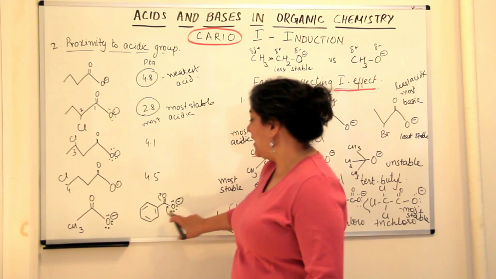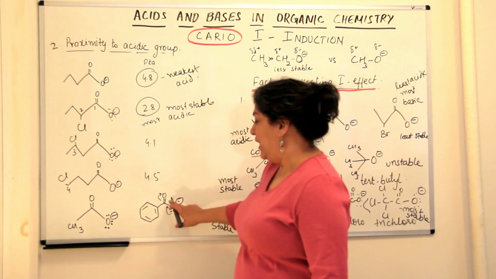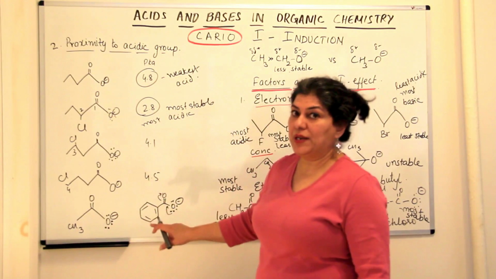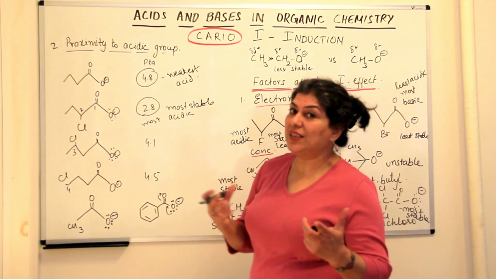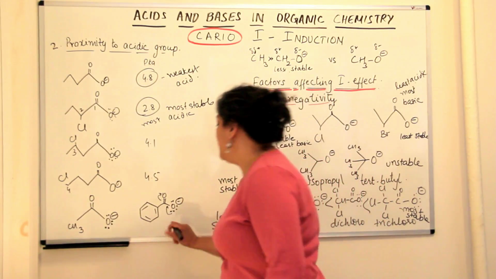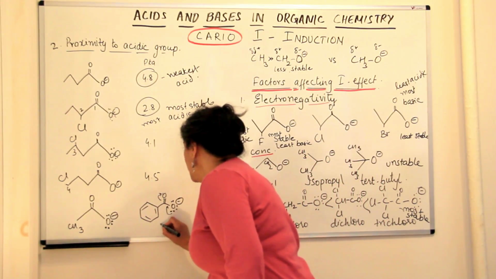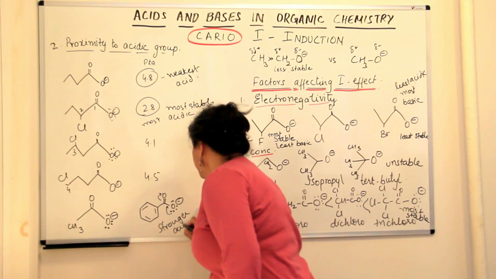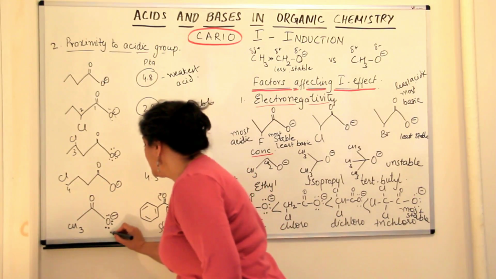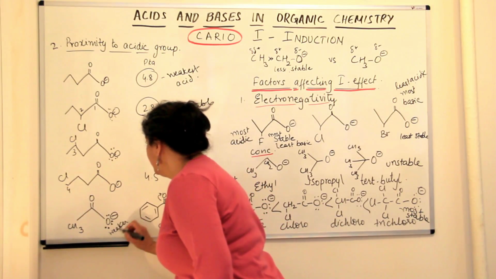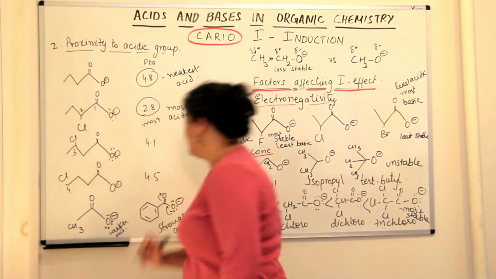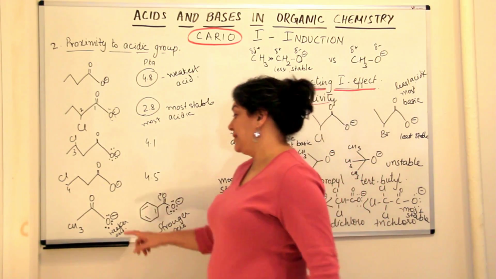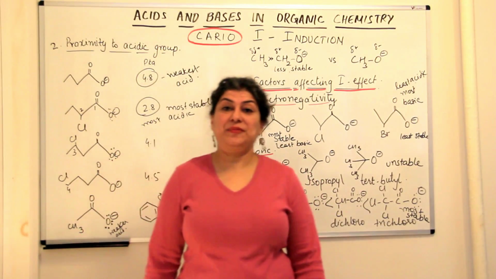Since this would create a more stabilizing effect, the electrons would not move in to participate in resonance, but the inductive effect would take place, and this would be more stable, and therefore this would be a stronger acid. And this would be a weaker acid. So benzoic acid would be a stronger acid and ethanoic acid would be a weaker acid.